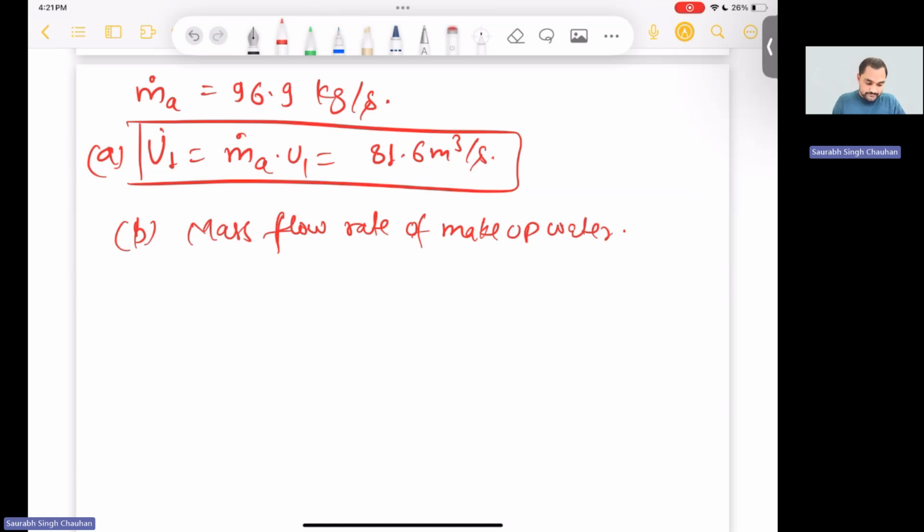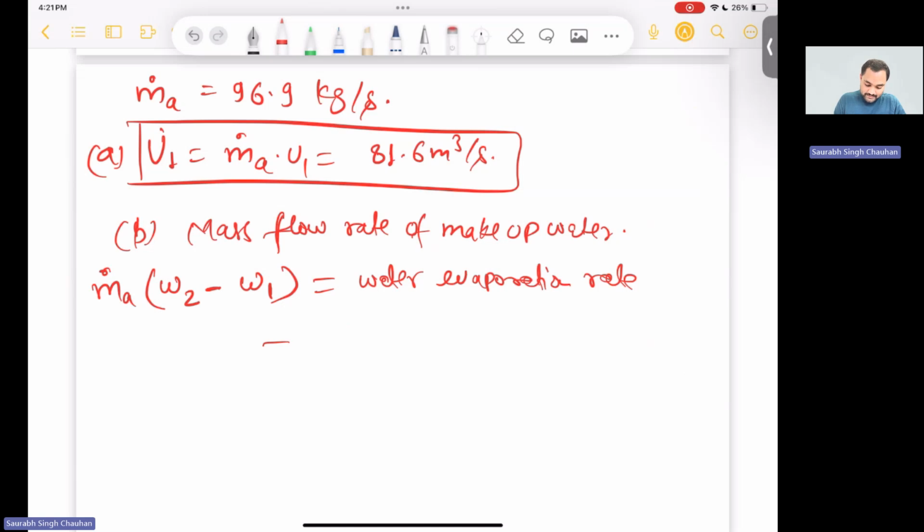So humidity of air at inlet is omega 1 and humidity of air at outlet is omega 2. The difference of these multiplied by the mass flow rate of dry air will be equal to the evaporated water, the water evaporation rate.